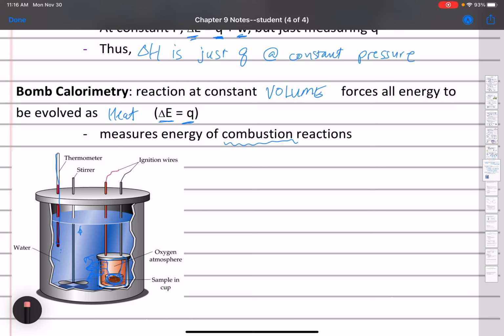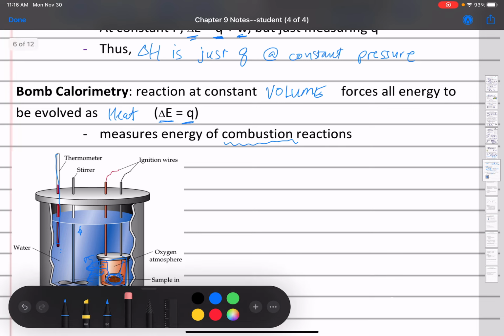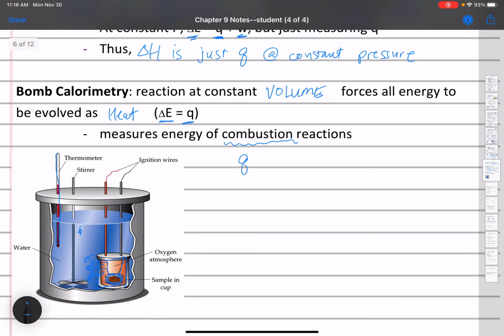So calorimetry is just a process of using the equations that we already know. So what I've just drawn out is that combustion reaction. The amount of energy that's lost, or the heat that's lost by that combustion reaction, goes into and is gained by the water in the calorimeter.